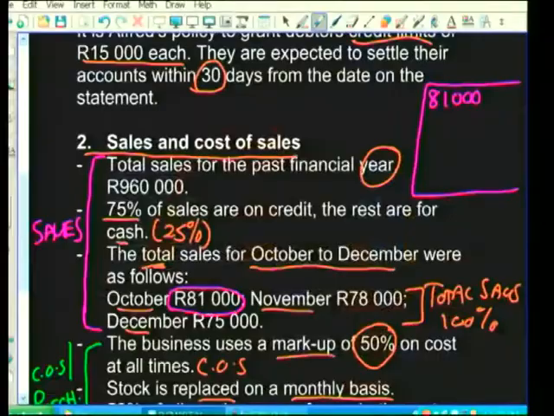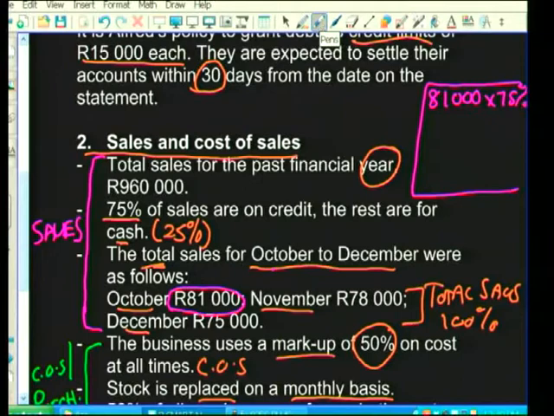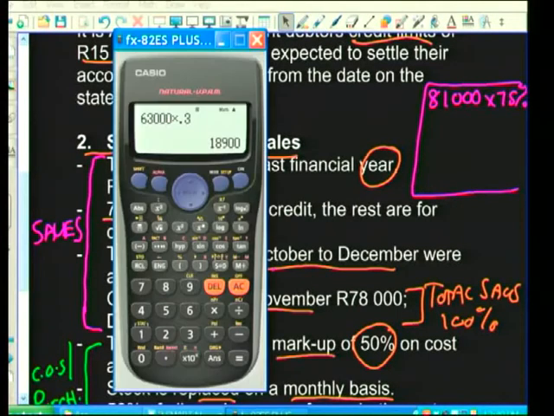But remember, I want credit sales. So my credit sales, guys, there it is at the top here. 75% of sales are on credit. So 81,000 times 75% is going to give me my credit sales for the month of October. So let's now get our calculators out. Let's clear this.